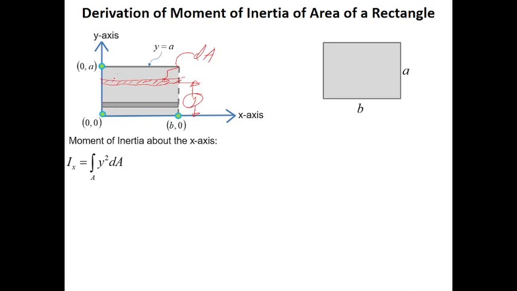consider natin itong strip na yon sa ilalim. So, itong strip na yan, it has a very, very small area. So, this is an infinitesimal area. Itong strip na yan ng rectangle. Yung actual niyan, yung linya na yan.